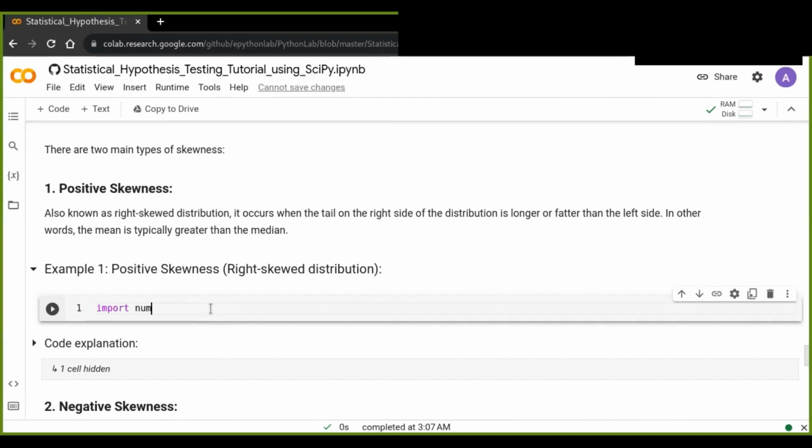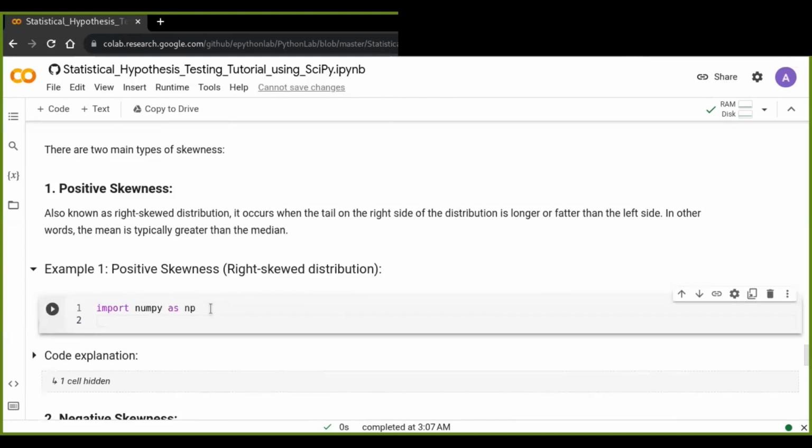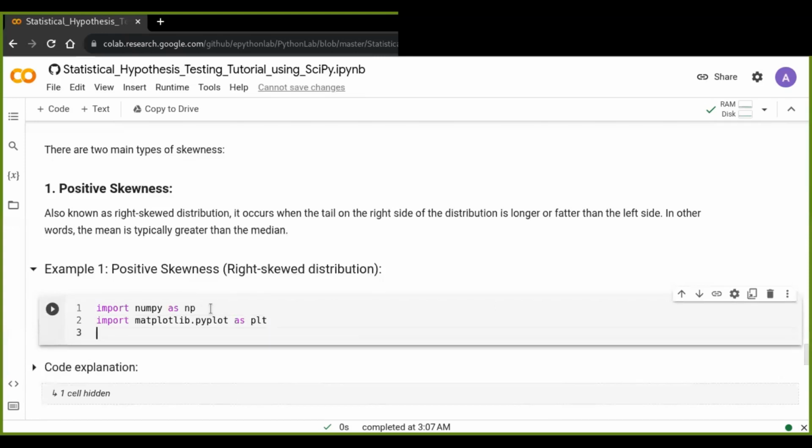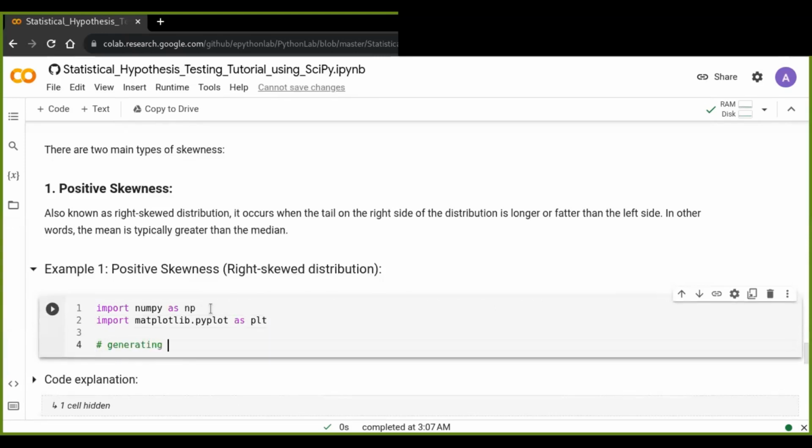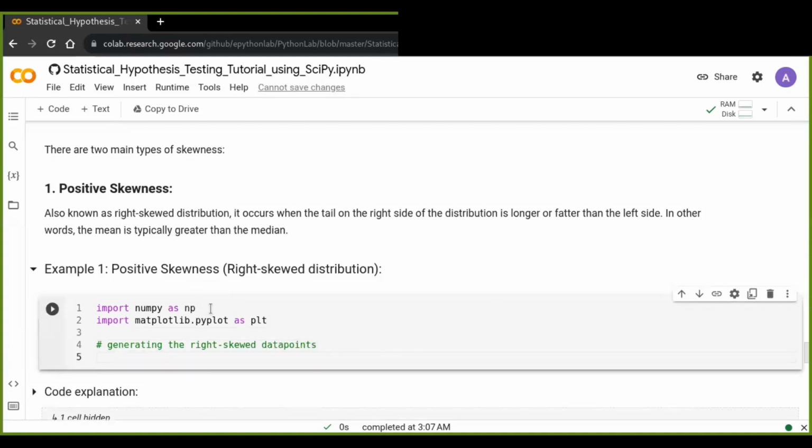So here first import NumPy and import matplotlib, and now generating the right-skewed data set, data points. But in your application, you have to use your own data. Here I will just show you how the data is distributed or skews in the right-skewed distribution by generating right-skewed data points.